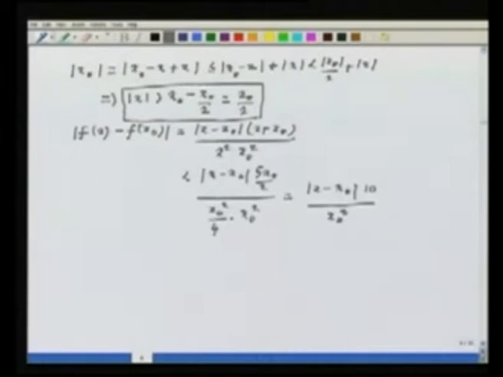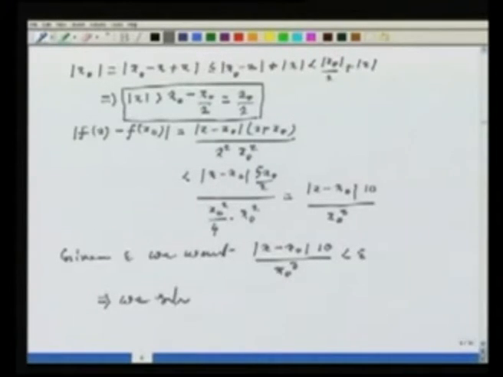All I want now is, given epsilon, we want mod of x minus x naught times 10 by x naught cube to be less than epsilon. If I want to have this, this implies we should have mod of x minus x naught less than epsilon into x naught cube divided by 10.